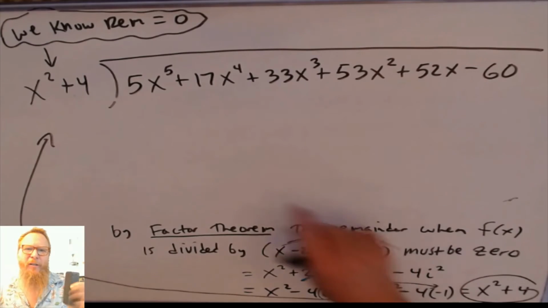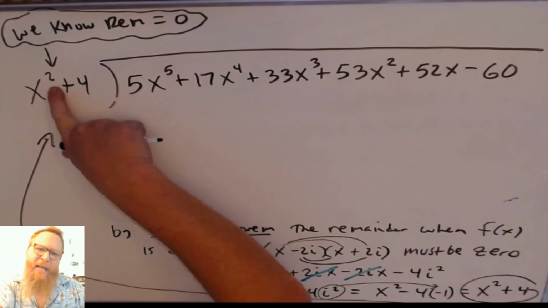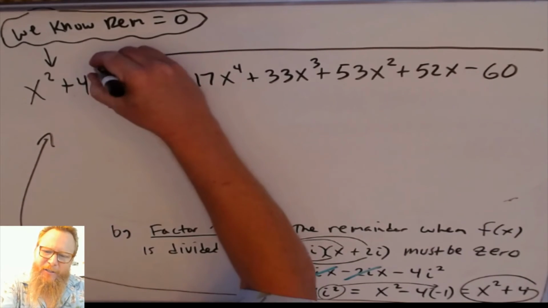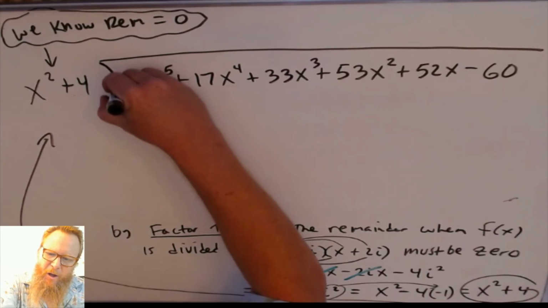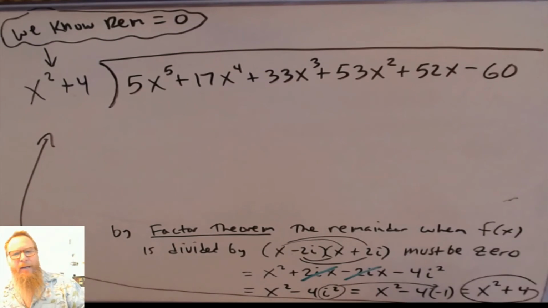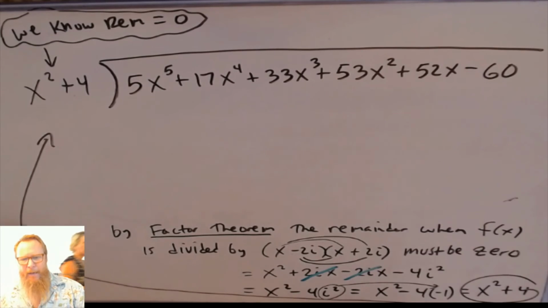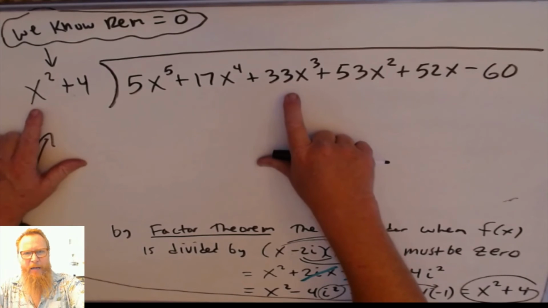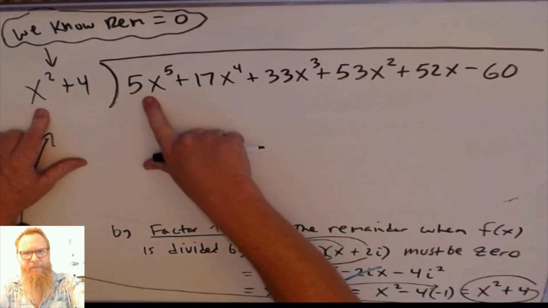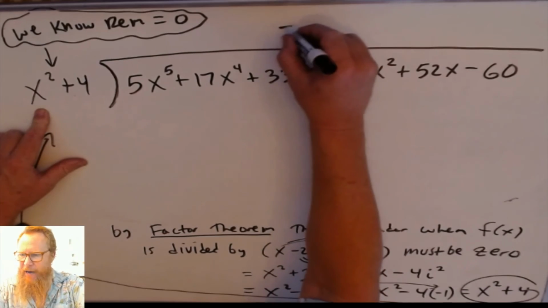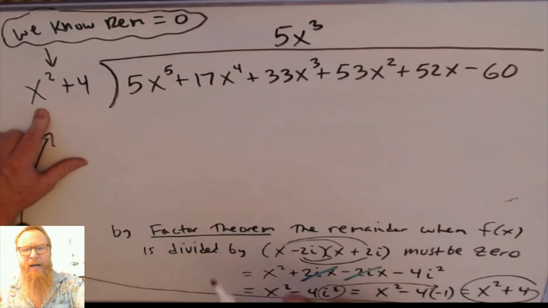Now, unfortunately, because this is x squared, you can't use synthetic division. So I've broken out my old school long division symbol, and I'm going to do it the old-fashioned way. All right, here we go. Wish me luck. x squared goes into 5x to the 5th 5x cubed times.